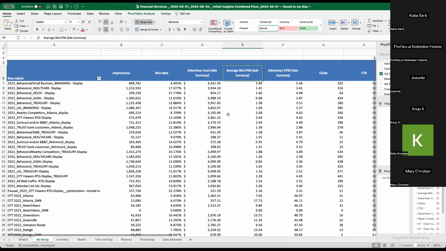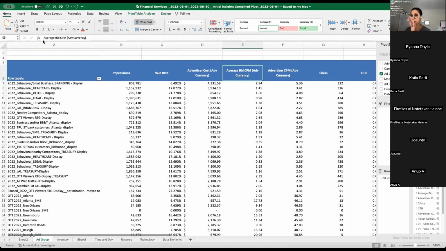So the first thing I do is clean up for my eyeballs, right? I want to make sure that I only pay attention to things that are important. So for instance, average bid CPM. If you don't know the difference between average bid CPM and advertiser CPM, it's basically what base bid, or what is the bid we landed with when we won that impression, okay?